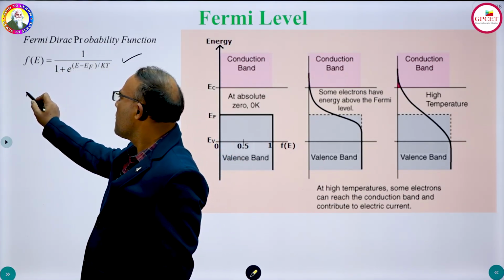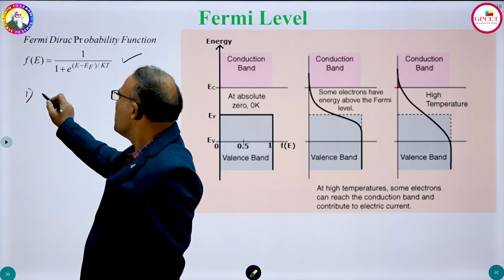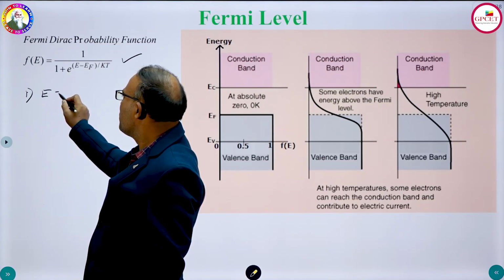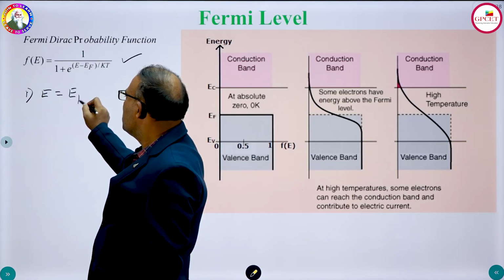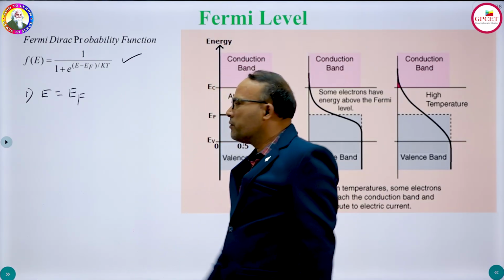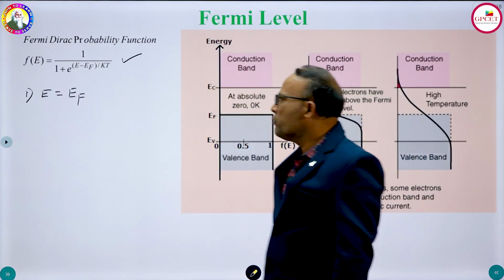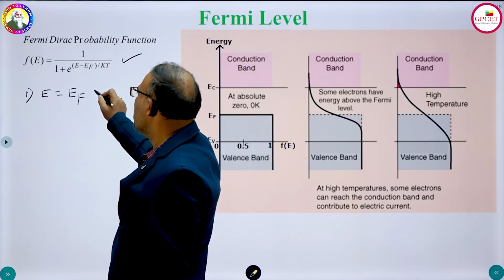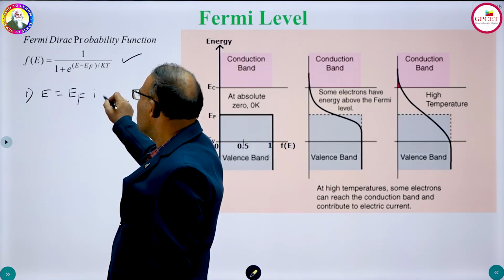Case 1: if E is equal to Ef, that is, the energy level is equal to the Fermi energy level, then what is the probability of occupying an electron in that energy level?